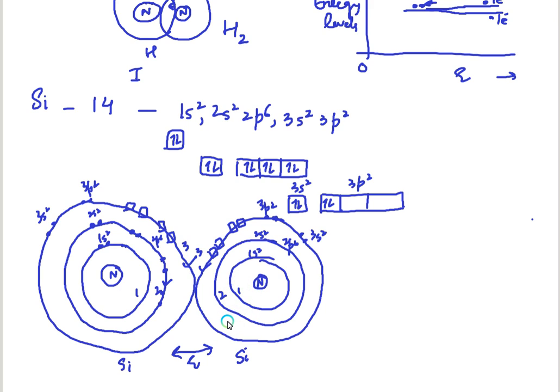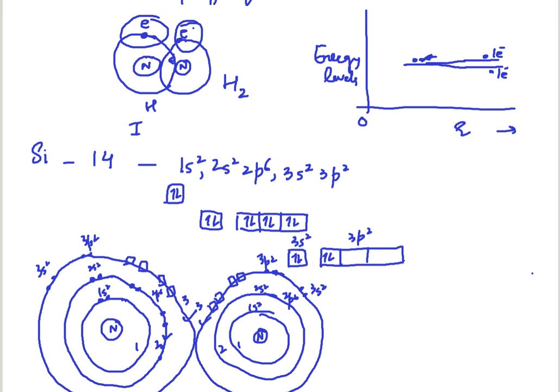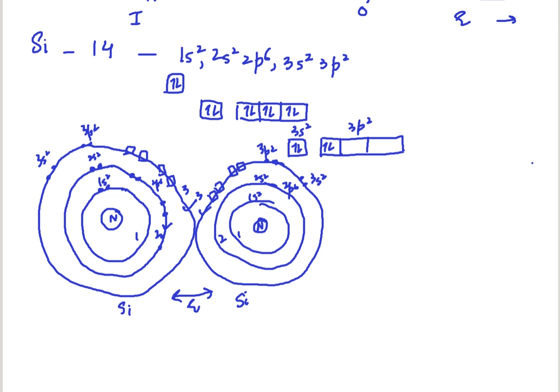Okay, right. Now the way we did it for the H2, in the same way we'll see it for silicon. Let us draw the diagram like this. Let us say this is the electron energy E and this is the distance between the atoms.